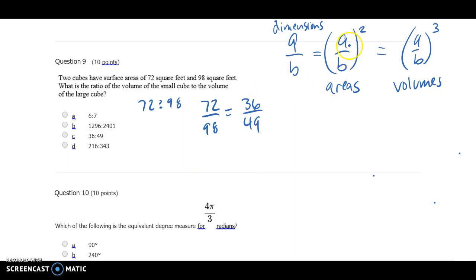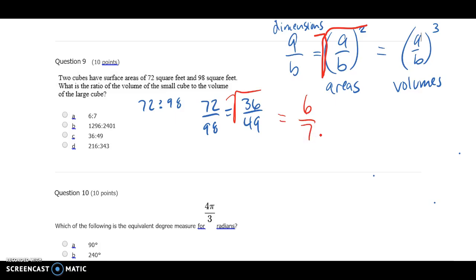Well, we need to go back to the dimensions, the ratio between side lengths, or in this case, edges. Then we can cube it and have the ratio between volumes. If we're here at the square point, to get back to here, we need to take the square root. So we'll take the square root of this one, and the ratio between our dimensions will be 6 over 7.